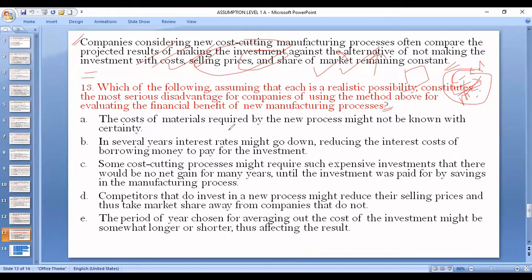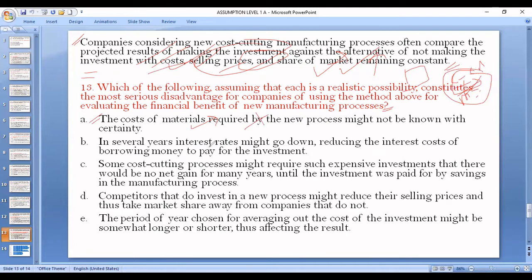Option A: The costs of material required by the new process might not be known with certainty. Instead of talking about the disadvantage of the cost-cutting comparison, we are talking about the price of material. Here it is about comparing against not making the investment, with selling price and share of the market. So it is about the prices. Option A out.